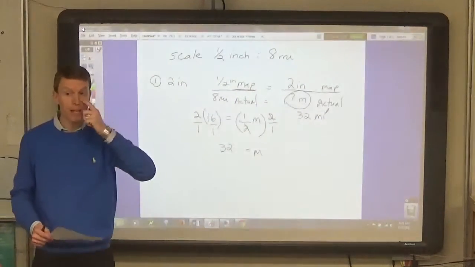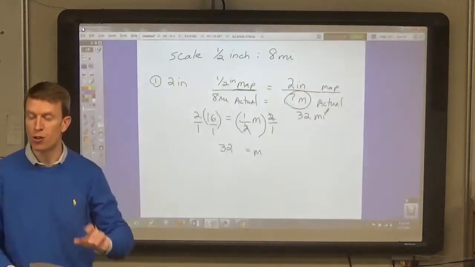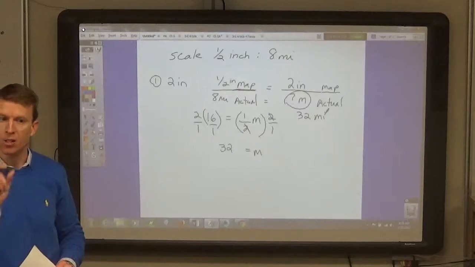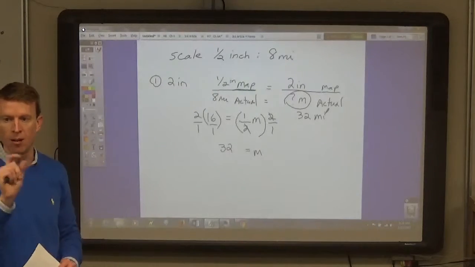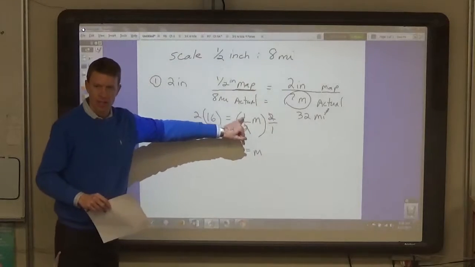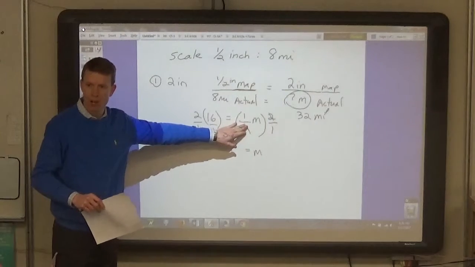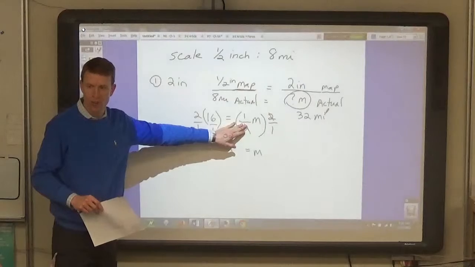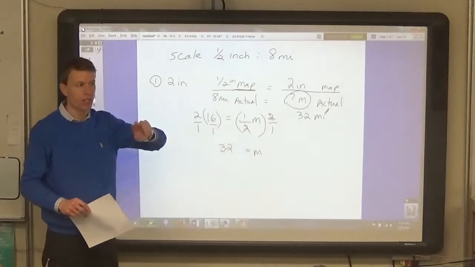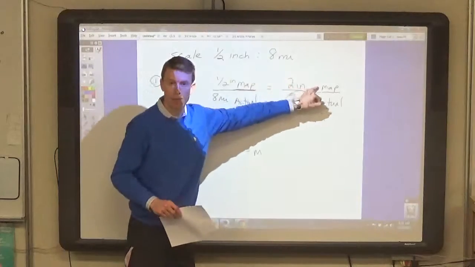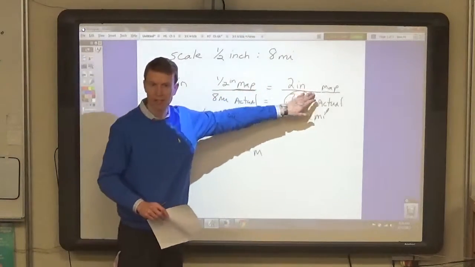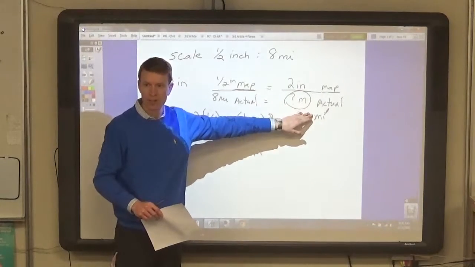Now that might be easier for some people, and if you show your work that way, then that's fine, because you're proving your solution. But this way might be easier for other people. And so if you want to do it this way, you can do it this way, okay? The important thing is that you understand 2 things. One, that you set up the proportion correctly. As long as you set up the proportion correctly, it will work.